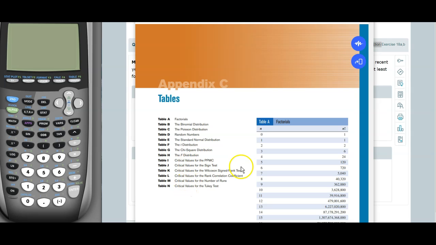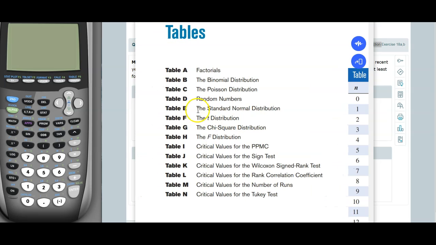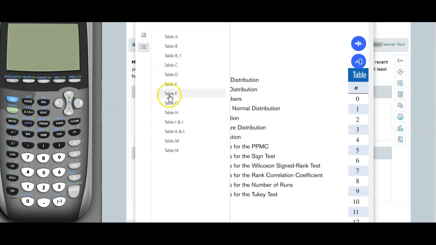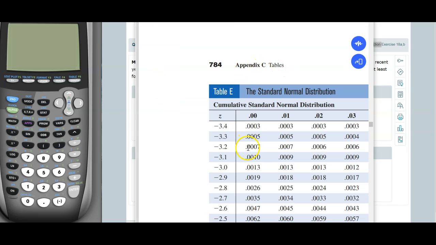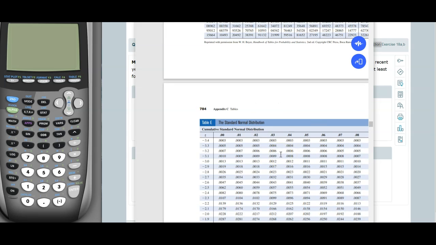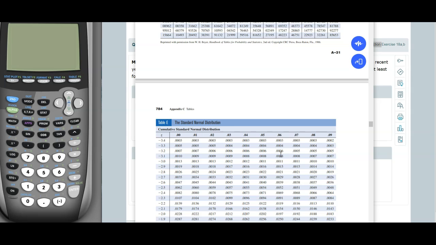Then how are you going to figure out where the Z table, or the standard normal distribution table, is? It is right here, and that is related to table E, right? You open this menu here, go to E, and here you go, you get the table right there. The table is very similar to the one that we used in class.